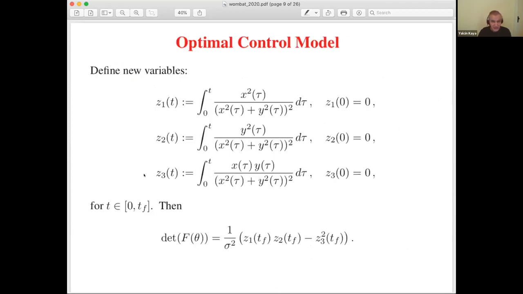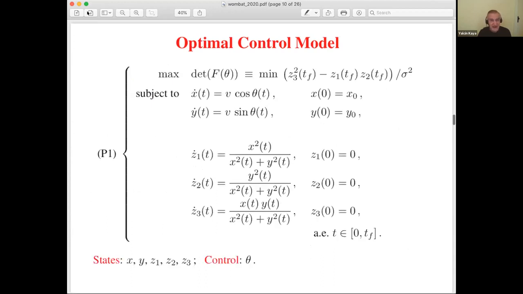Anyway, this is useful. Why? Because then we can write down the determinant of the Fisher information matrix in a neat form as follows. Subject to these equations, but from these equations we can differentiate both sides to get differential equations and add them to a model. So this gives us an optimal control model, which looks a bit more in standard form. When you say an optimal control model, you have some objective functional to minimize or maximize, and subject to ODEs.